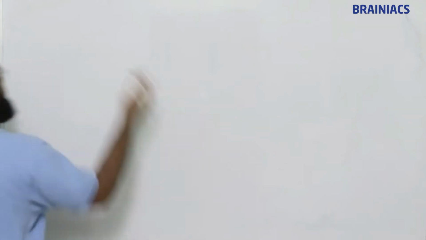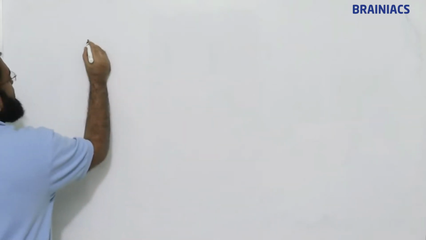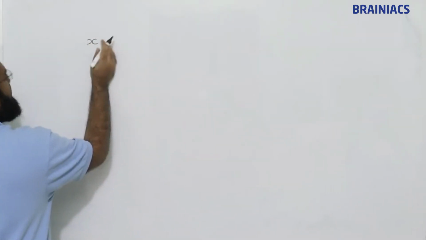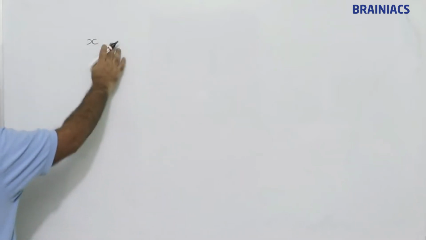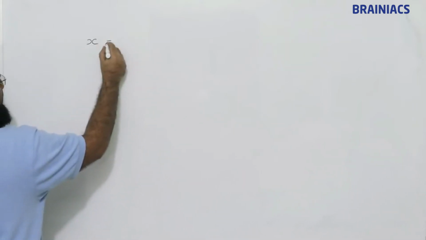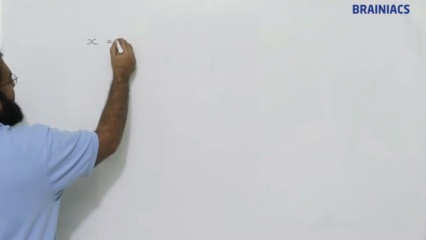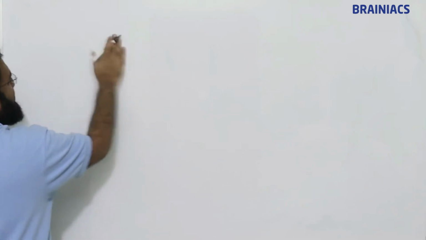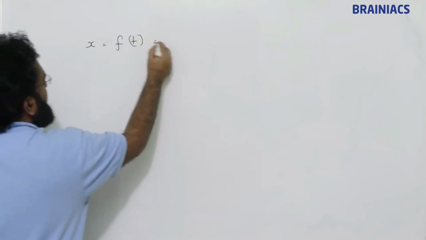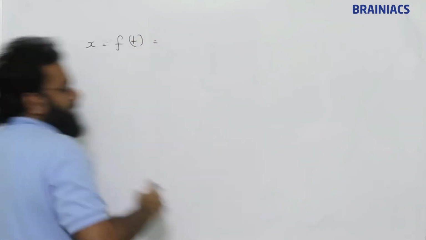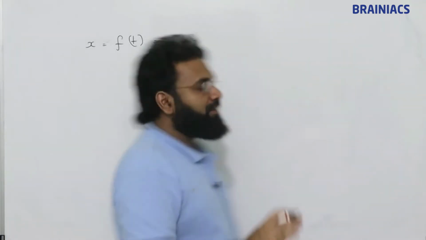Alright, so suppose we get position as a function of t. So x is a function of t. Function of t means x varies with the time, position varies with the time.